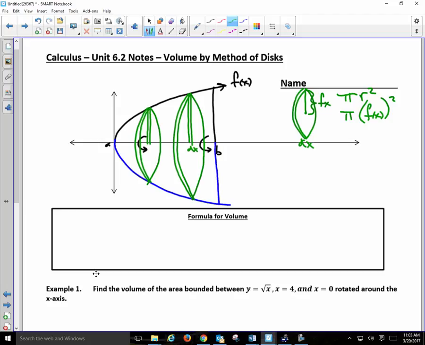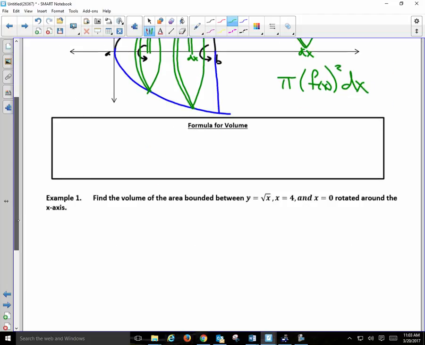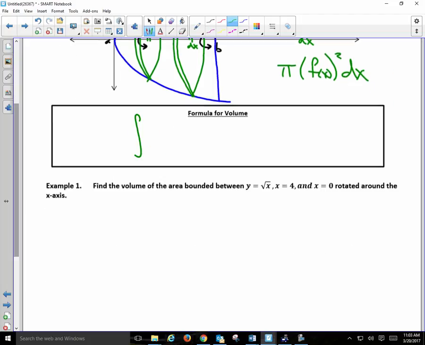So literally, the volume of this disk is pi times the function squared times dx. That is one of those disks. How many disks do you think we would like to add up? Infinite. And so therefore, we just integrate from a to b pi times the function squared dx.